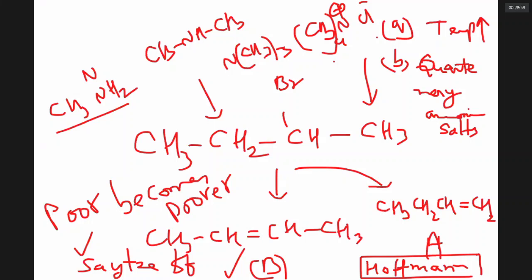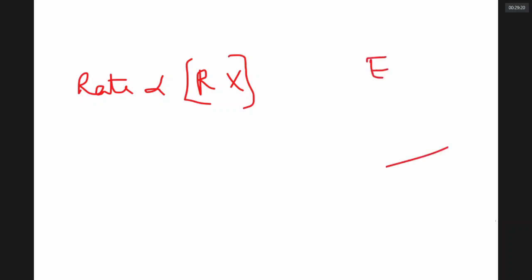At the moment, we have understood there is a competition between elimination reaction and substitution reaction. If the elimination reaction speed depends only on the concentration of alkyl halide, but not on the concentration of the alcoholic NaOH or the reagent which you are adding, then it is called the E1 mechanism.